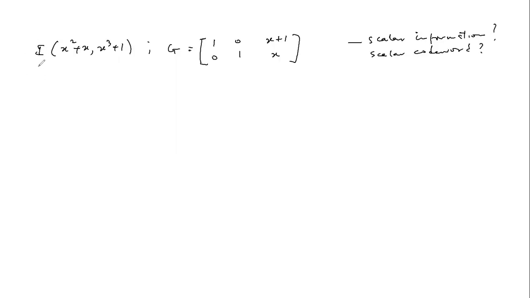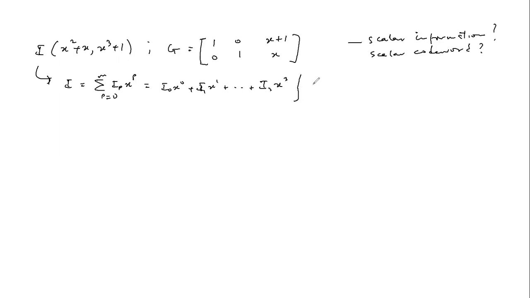Just like we had in the previous case, we know that scalar information can be given as the sum from p equals 0 to n of I sub p x to the power of p, which is I naught x naught plus I1 x1 plus all the way. The power here is 3. Okay, so it's going to be I3 x to the power of 3.